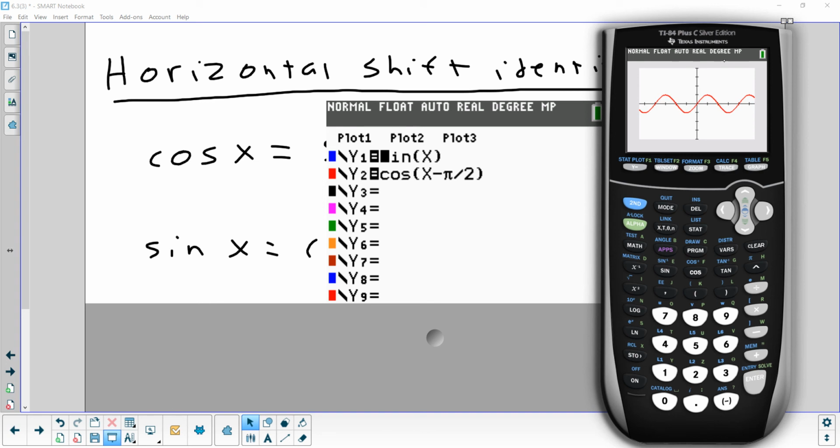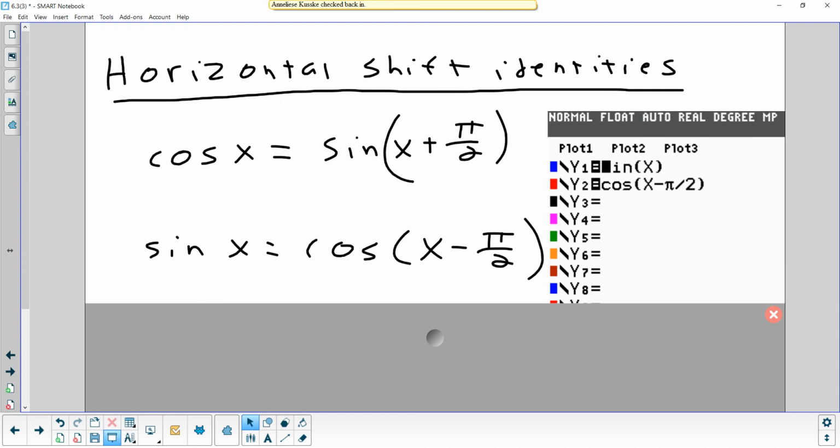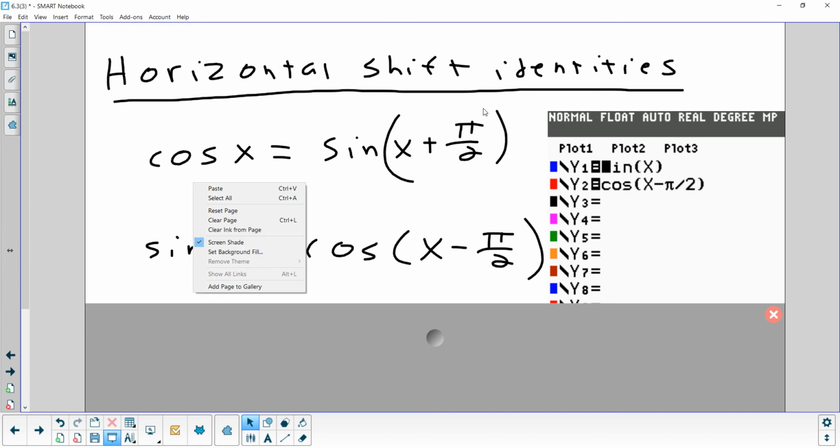All right. But I can still show you the same property in degrees, that if you take and you shift one of the graphs 90 degrees, you will get the other graph. So what that allows us to do is take a problem that uses, say, sines and turn it into cosines. Or we can take a problem that uses cosines and turn it into sines. Right?